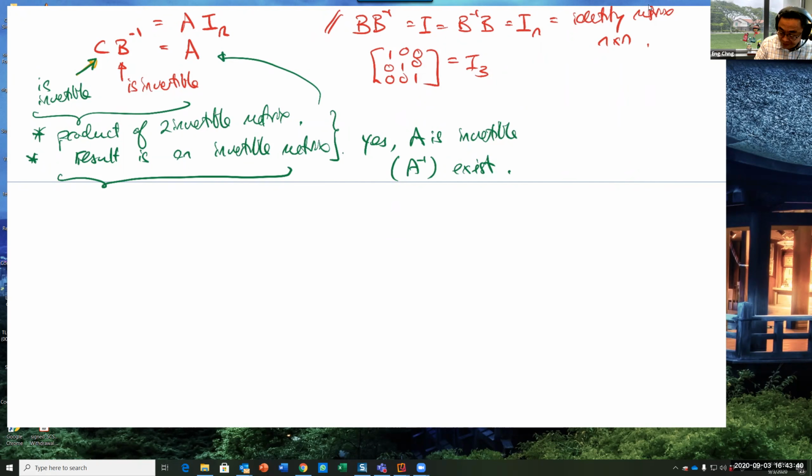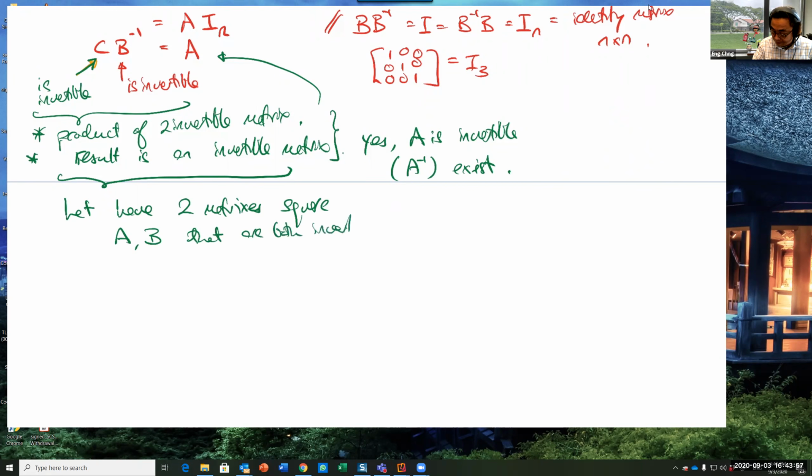All right. Okay, let's start. Let A and B be two square matrices that are both invertible, implying A minus 1 exists and B minus 1 exists. What about their product? Is it invertible?